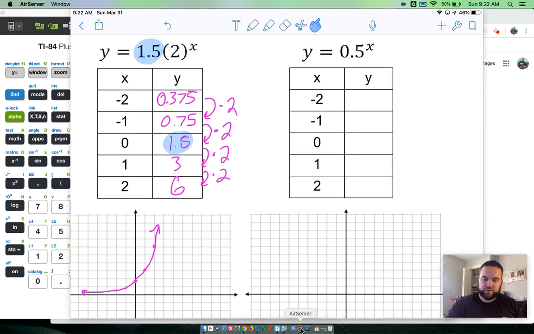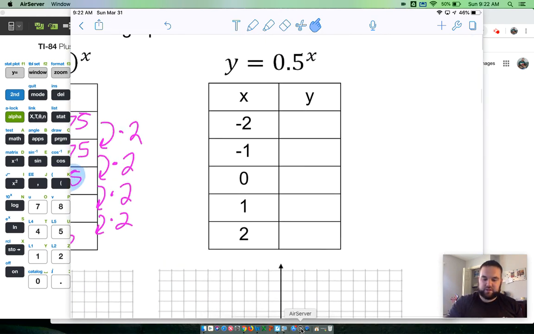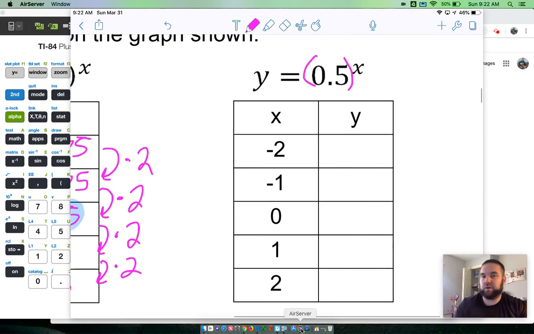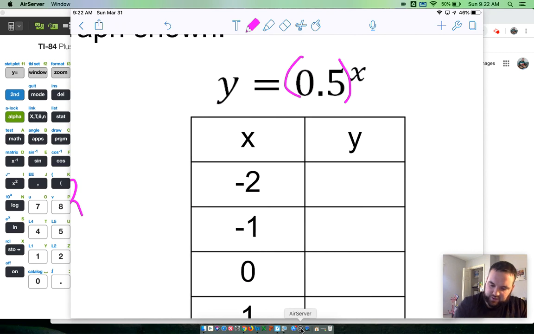Another thing you might notice is that if I compare these two equations, one of them is missing a number. That is true. This 0.5 is the b value, or that growth or decay factor. If one of the numbers is missing, it's going to be the start value, and if it's missing, that's because it's 1.